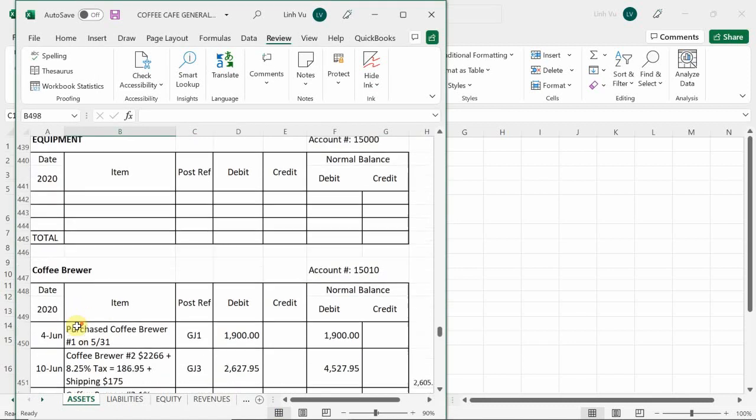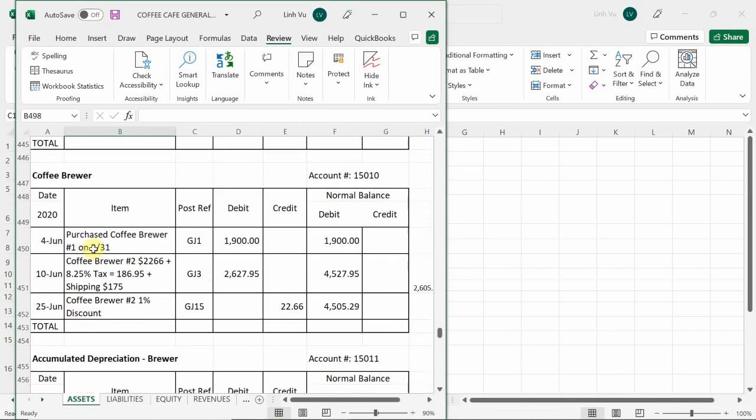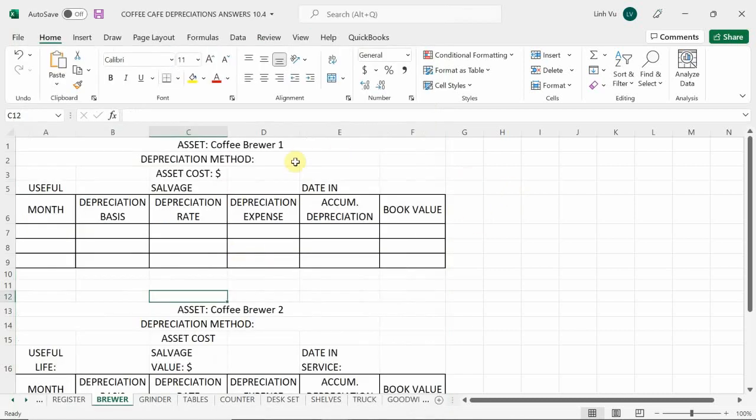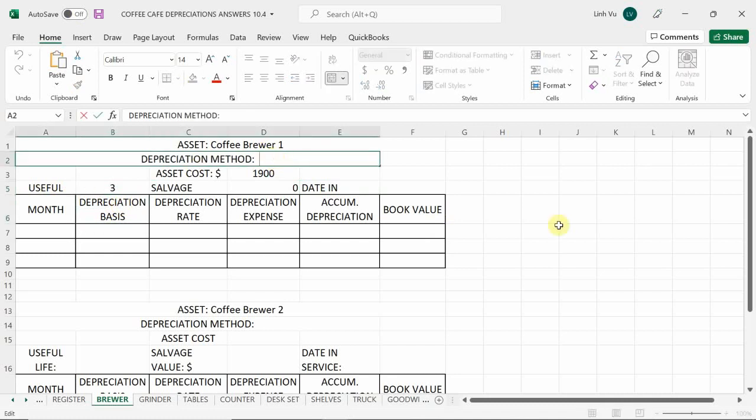Here we are. Coffee brewer number 1, which we purchased on May 31st, says that it is worth $1,900. So that's our first one. $1,900. We know there's no salvage value, and it had a useful life of 3 years. We're using straight line.